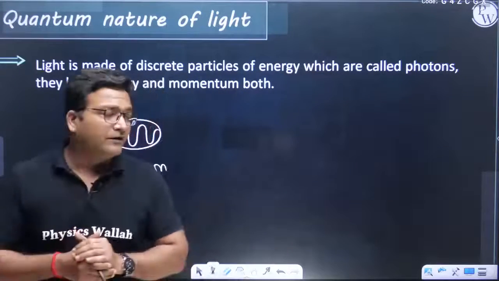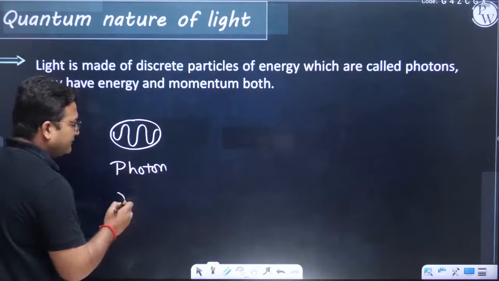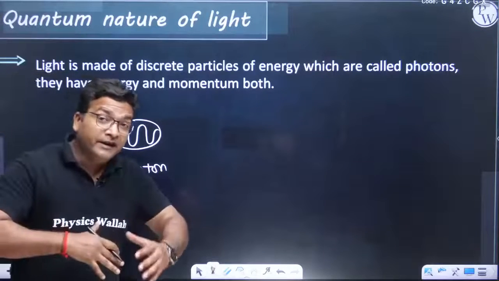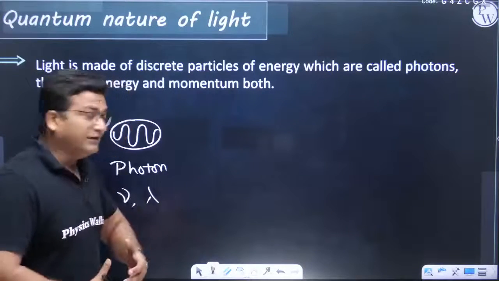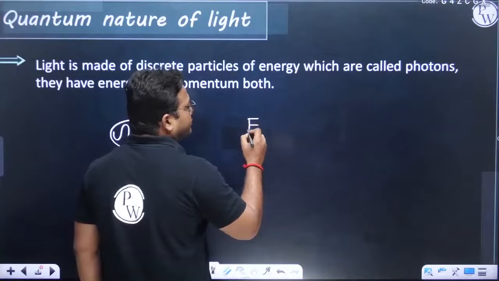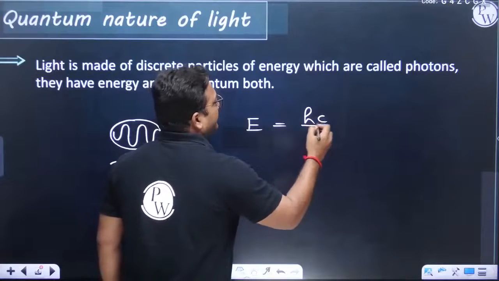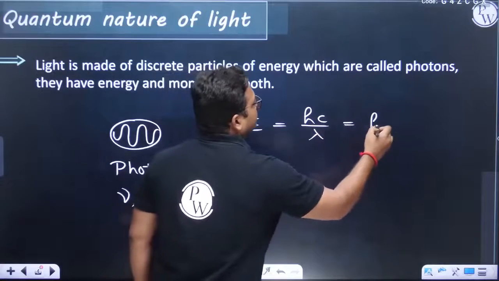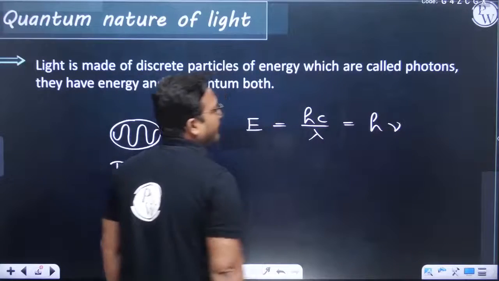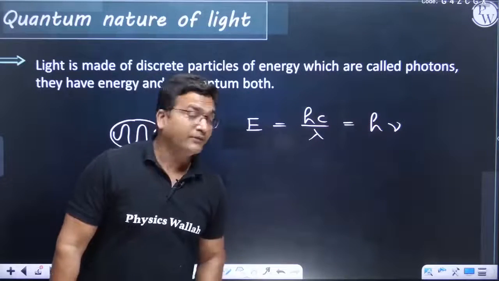Okay, a light photon, if the frequency of light photon is nu, its wavelength is lambda, then after many studies and experiments, we found that the energy of photon is given by hc by lambda, or h nu. I think you know, h nu means h times the frequency, right?